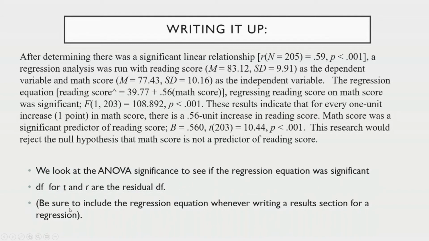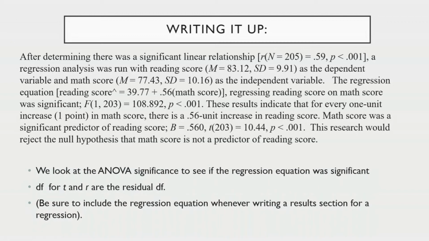And we also want to be sure to include the regression equation whenever we're writing a results section for the regression. As you can see, I have it right here. This is the regression equation. It's the variable equals the B0 plus the B1 times the X variable. So the Y hat, or the predicted dependent variable, we write out in our actual words. We don't put Y hat and X. We actually plug the variables in.